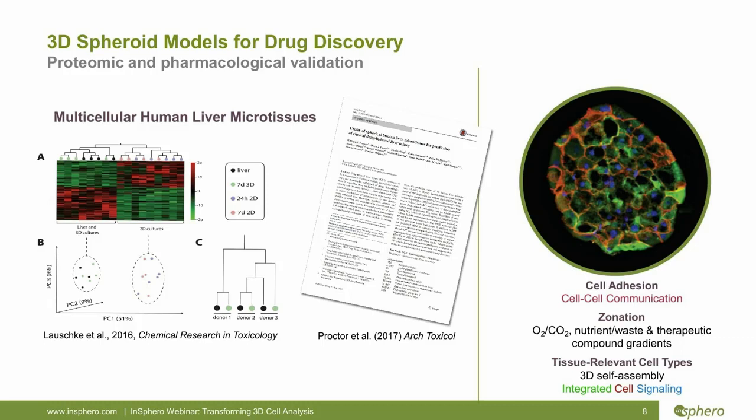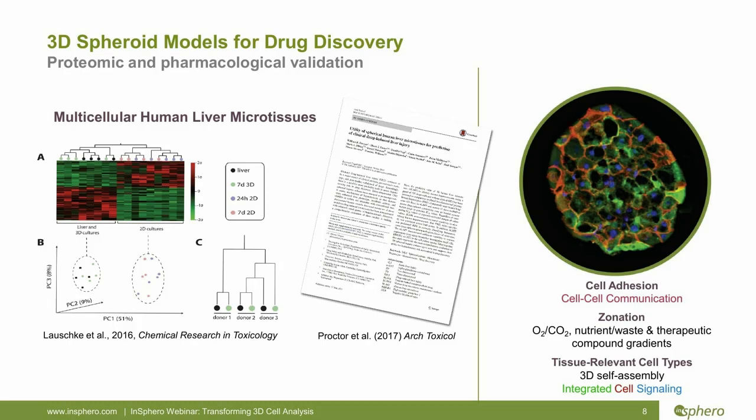The 7-day-old 3D liver spheroids from 3 independent donors cluster tightly together with the native liver samples, while the day 1 and day 7 2D cultures derived from the same donors form a very distant and distinct second cluster. The authors of the paper concluded that the 7-day-old 3D liver spheroids have nearly identical proteomes to native liver, whereas the 2D plated liver cultures have started to dedifferentiate in just 24 hours.